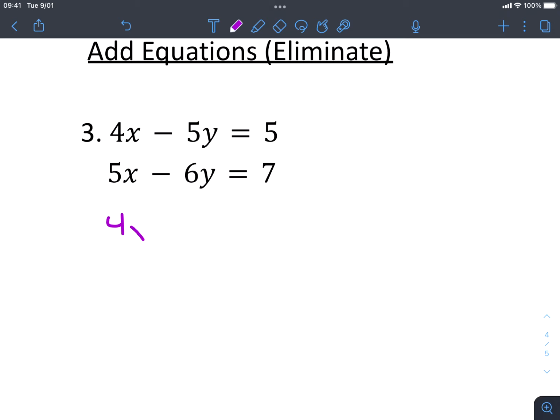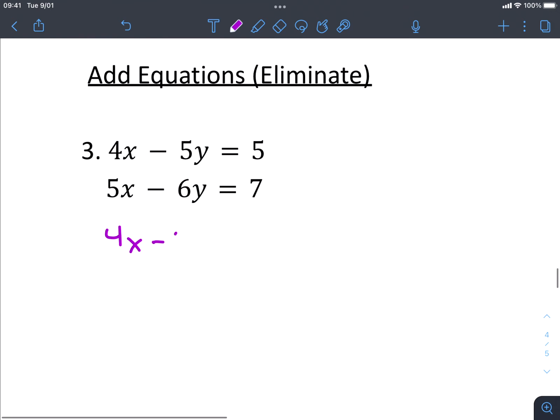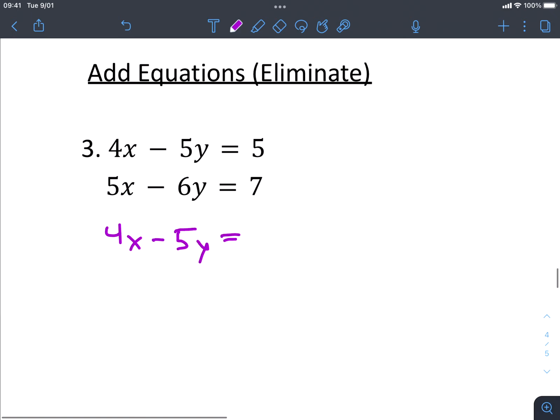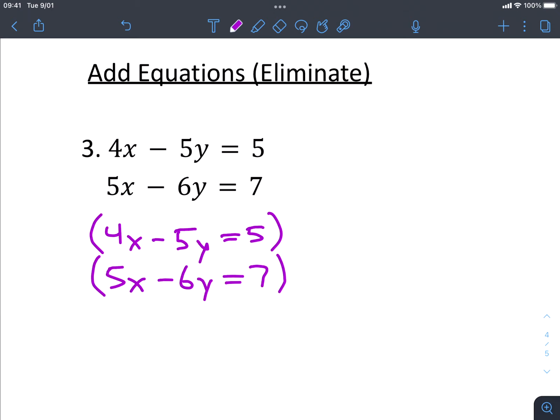If I were to take my first equation and my second equation and multiply them by different constants, I can get them to cancel out. So if I wanted to eliminate the x's, for example, I would multiply this by 5 and this by 4, because 5 times 4 is 20 and 4 times 5 is 20.